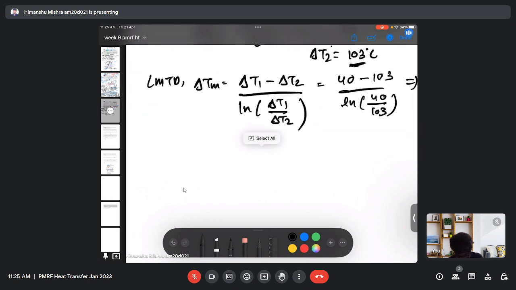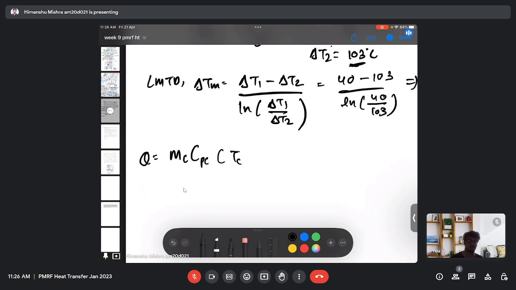So I can write my heat transfer equation as m Cp ΔT, which we used in the convection heat transfer problems, from the energy balance. Here I am considering only the cold fluid.